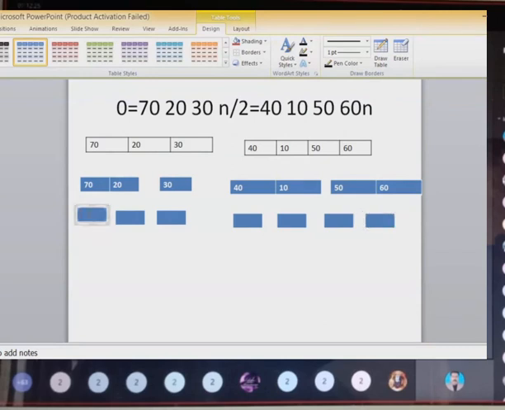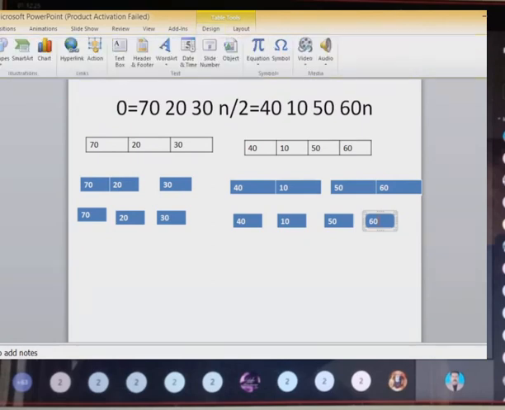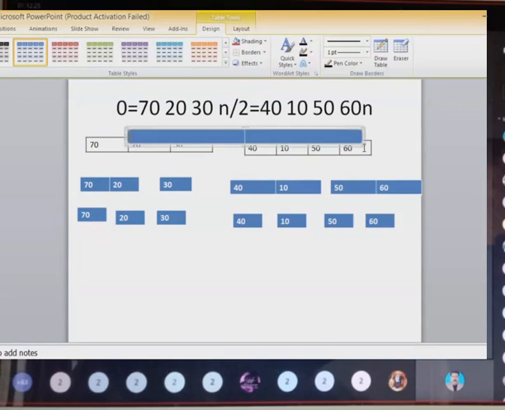The first value was 70. Next is 20. Students, is it clear? 30. Here it is 40, 10, 50 and 60. Okay. Next, again insert the first two to sort 70 and 20.